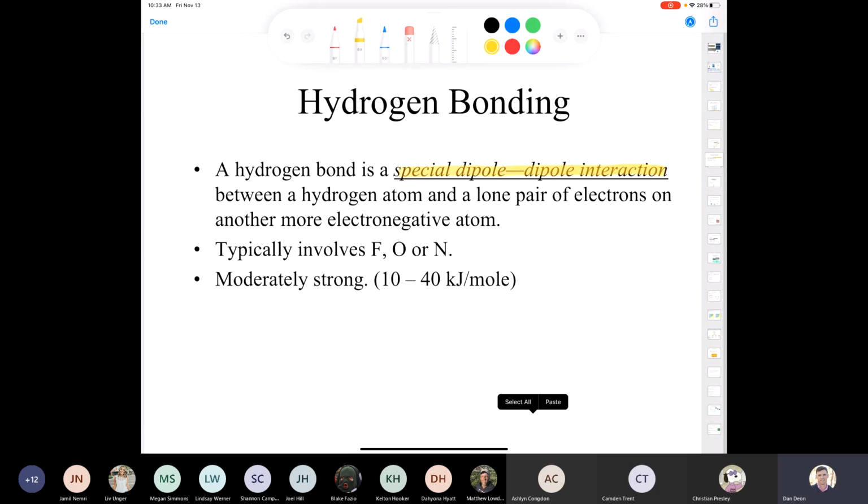There are three cases where you're going to find hydrogen bonding. It's when you have a bond between a hydrogen and a fluorine, a bond between a hydrogen and an oxygen, or a bond between a hydrogen and a nitrogen. If you don't have one of these three, you, my friend, do not have hydrogen bonding. Okay? You've got to have one of these in order for hydrogen bonding to occur. Okay? Capiche? Good.